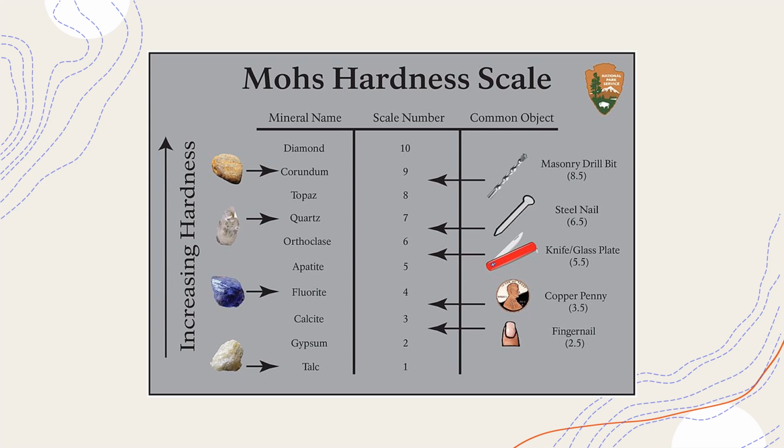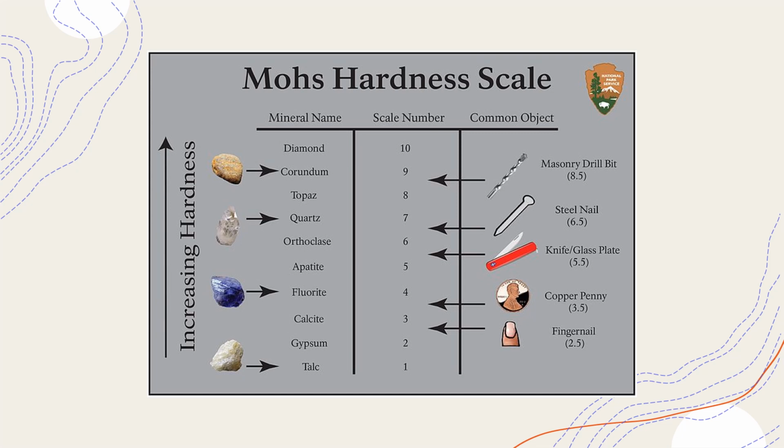And the softest mineral, according to the Mohs scale, is talc. As you can see on the last column of the table, there are common objects which we can use as reference to know how hard these minerals are.